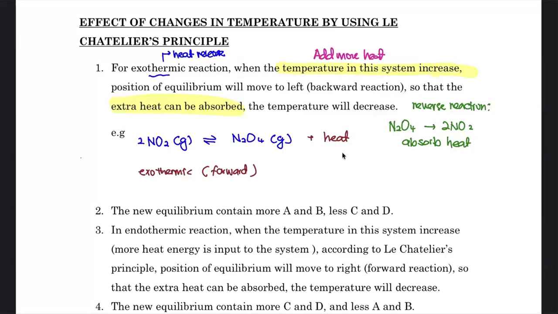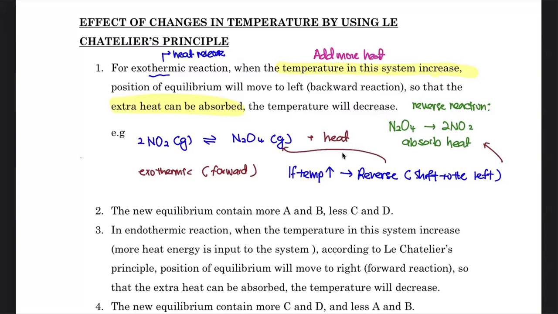So what they need to do, if your temperature increases, you will go to the reverse reaction, or shift to the left. They will shift to the left.